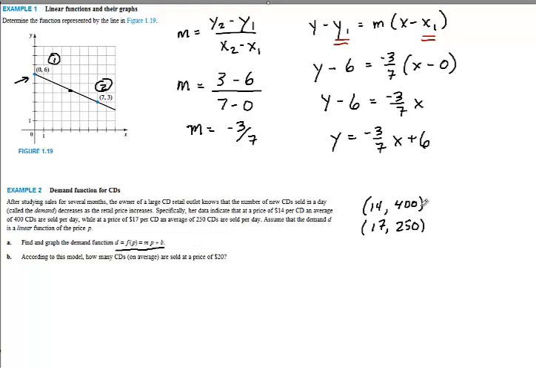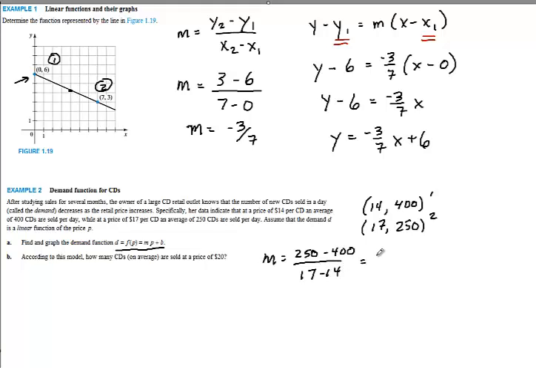So I'll find the slope of these 2 points. I have to choose one to be point 1, one to be point 2, so I'll choose this to be 1, this to be 2. That's 250 minus 400 over 17 minus 14.